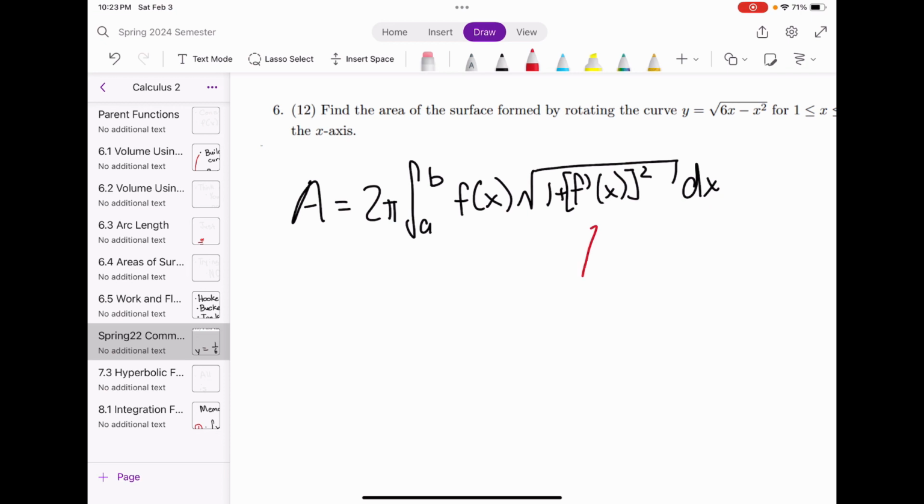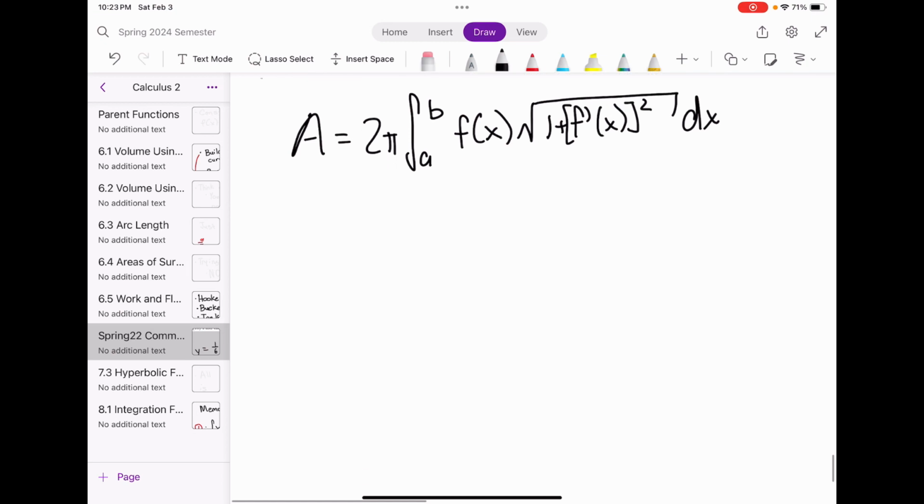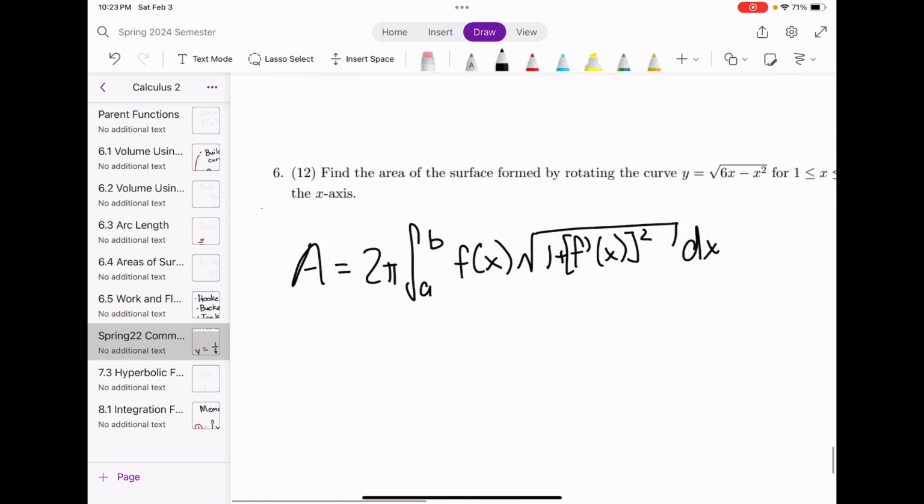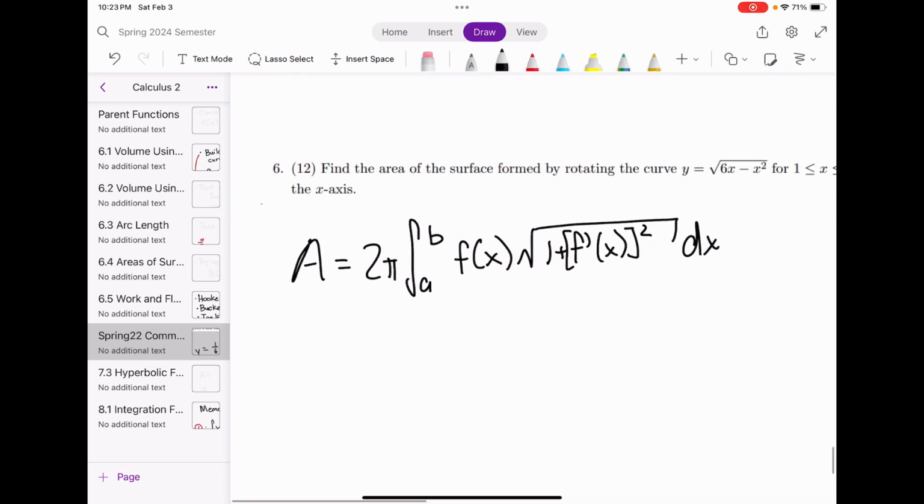This right here is the same thing as the arc length formula. So if that helps you remember better, it's a great way to. Okay. So let's just put it in.